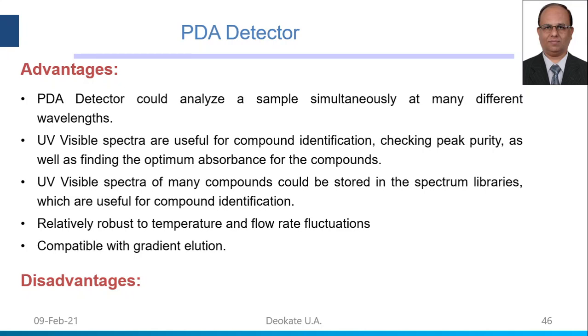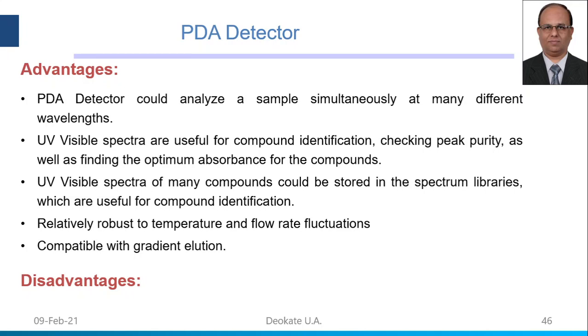UV visible spectra are useful for compound identification, checking peak purity, as well as finding the optimum absorbance for the compound. UV visible spectra of many compounds can be stored in a spectrum library, which is useful for compound identification in the case of a PDA detector.